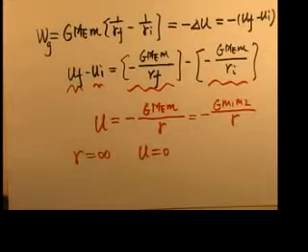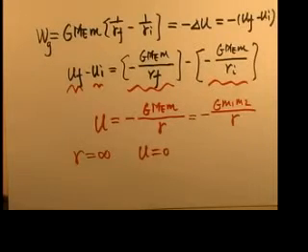Now, when the object speeds up, it picks up kinetic energy. However, if between two particles the only force is gravitational force, then the system's mechanical energy is conserved. If a particle picks up kinetic energy, then it has to lose it from something.